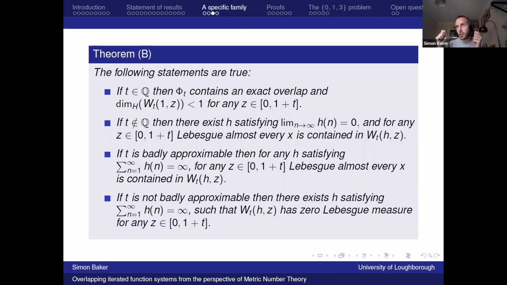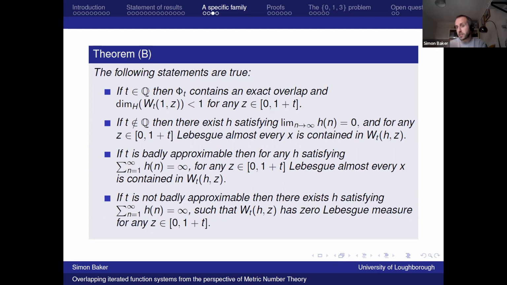For a particular parameterized family of iterated function systems, for any number between the contraction ratio and the number of points, the best uniform approximation you can get is going to be determined by this number.